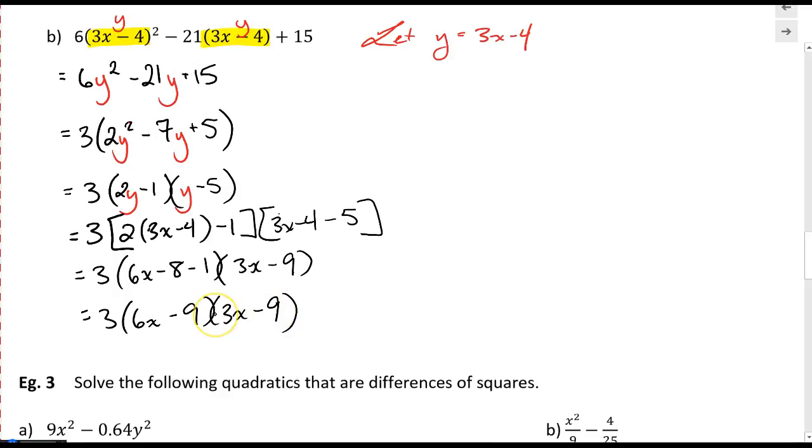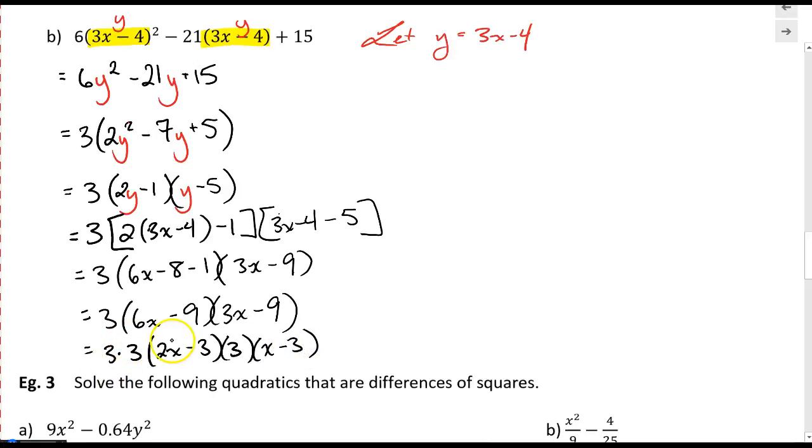So my red flag here is that this one has extra factors. I've got 3 is common in this set of brackets and 3 is common in that set of brackets, so I can actually take those all out. 3 times 3, 2x minus 3, and 3 times x minus 3.